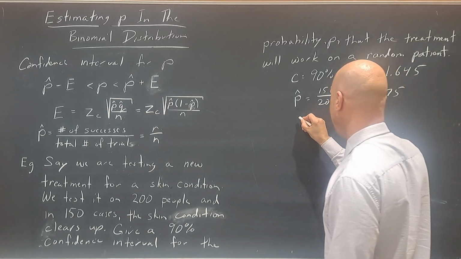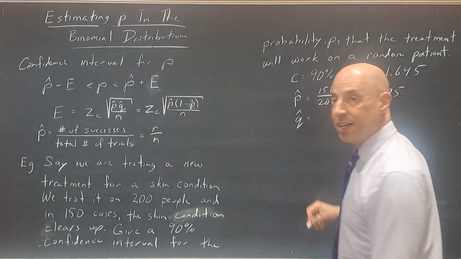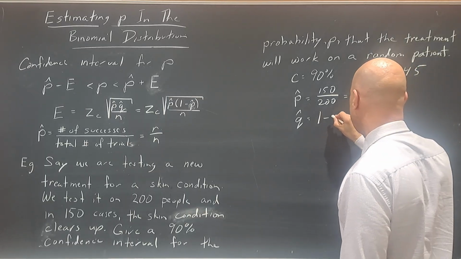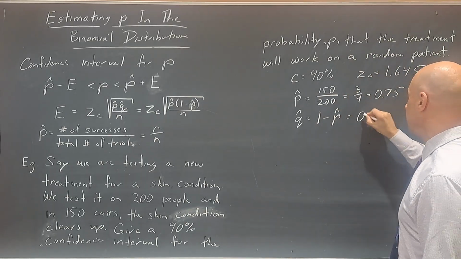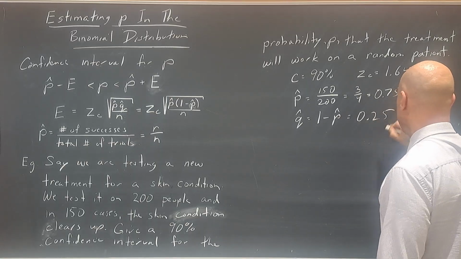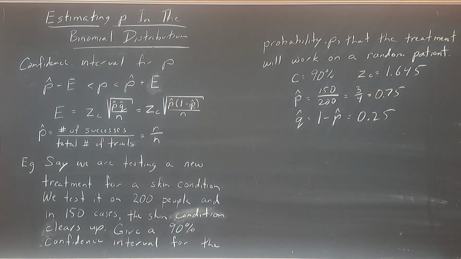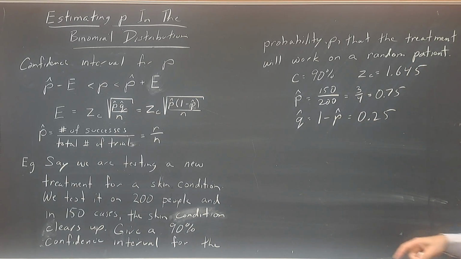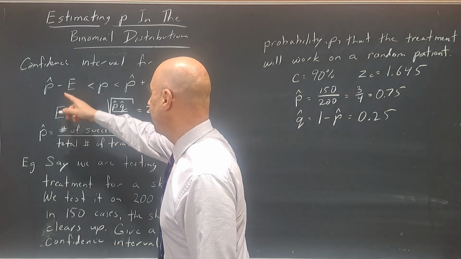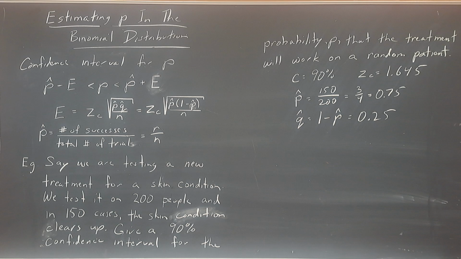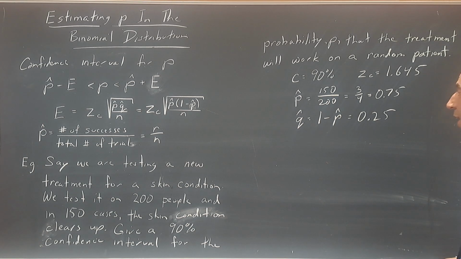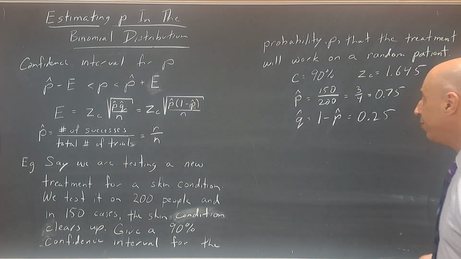And of course, Q hat is nothing more than 1 minus P hat. So 1 minus 0.75 is 0.25. So we're already almost there. All we have to do now is figure out what E is, and then subtract that from P hat and add it to P hat to get the bounds on our confidence interval.